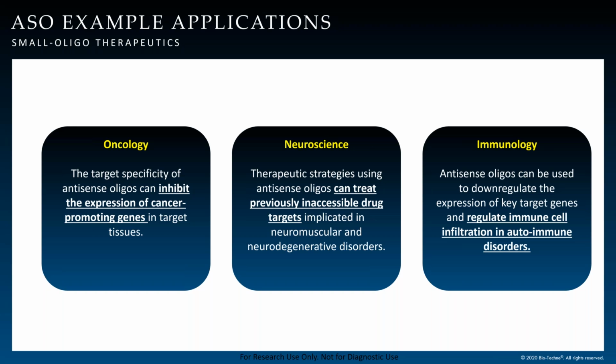In neuroscience, ASOs have emerged as an important therapeutic strategy to target genes that were considered untreatable with the drug therapy. Many of these targets are now moving into the clinical trial pipeline, and some ASOs have already gained FDA approval for treatment of a number of neuromuscular disorders. And finally, we have synthetic oligonucleotides that can target immune regulators and several diseases, including autoimmune disorders.